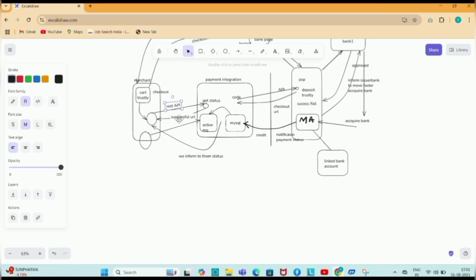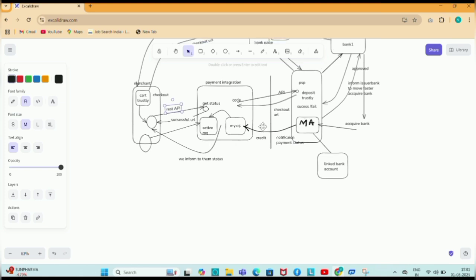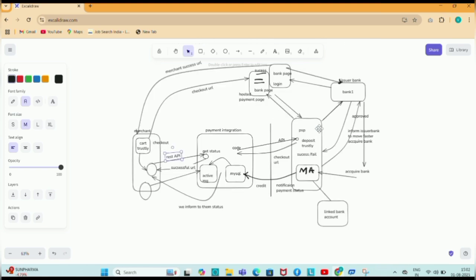So we will inform them about the status. This merchant account will use a linked account. So using a linked account we can deposit. So this is the complete central payment integration system.